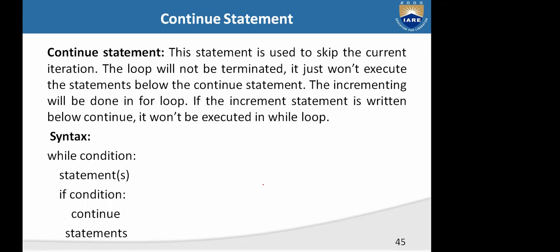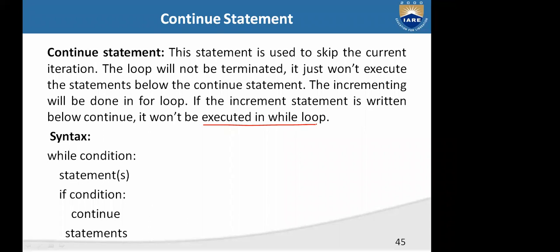In a for loop with the continue statement, the for loop automatically updates. In a while loop, the increment statement won't be executed by default, so we should mention i equal to i plus 1. In a while loop we should mention the statement; in a for loop, by default the value is incremented and updated.